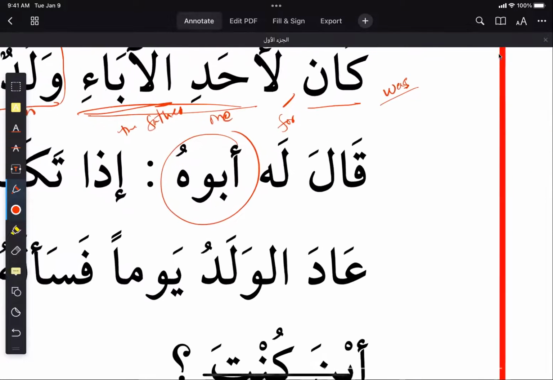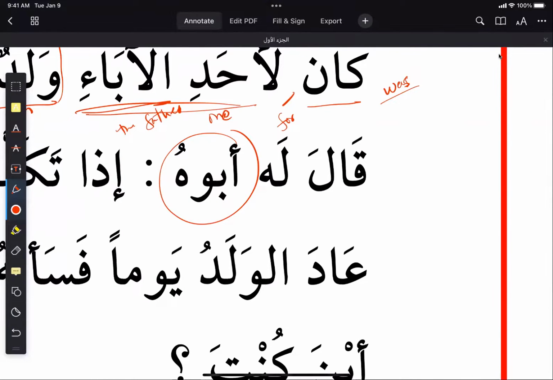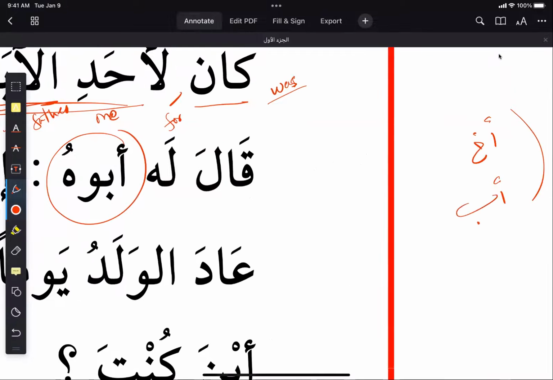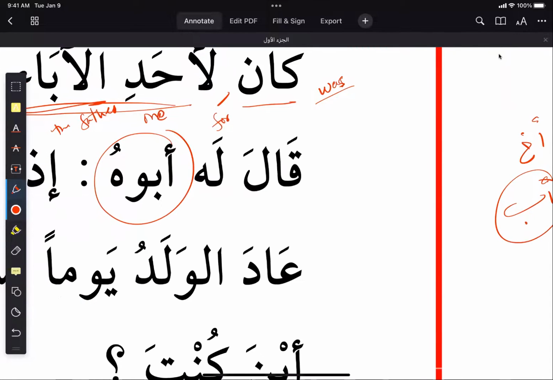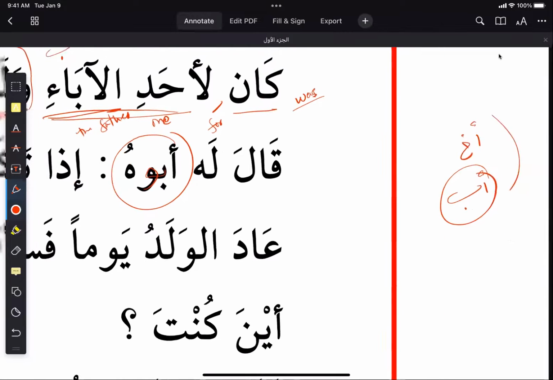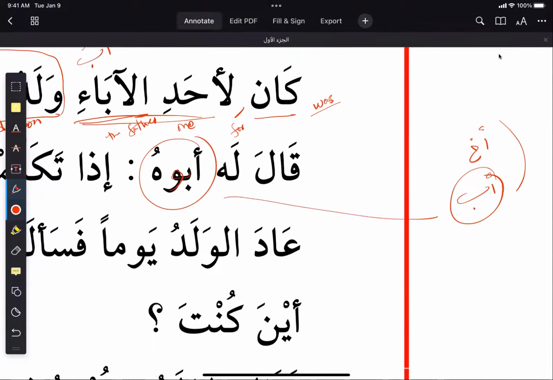Okay, so abuhu means his father. So this ab will get one extra waw here. Okay, so this is something we cannot spend too much time talking about, but I just wanted to mention that so that you understand that this is the same ab, father.